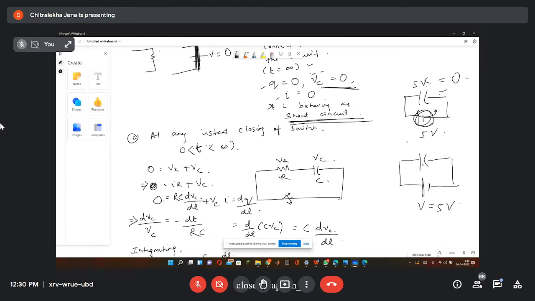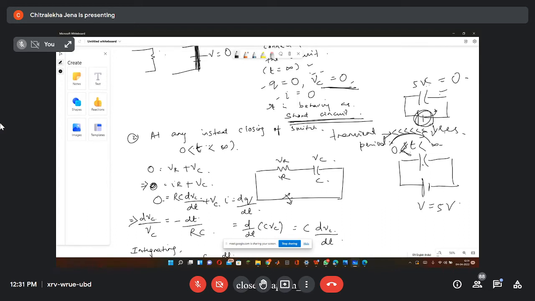We are telling that t is greater than 0 and less than infinity. This 0 to infinite time period is very, very less. That is the reason why it is called the transient period.